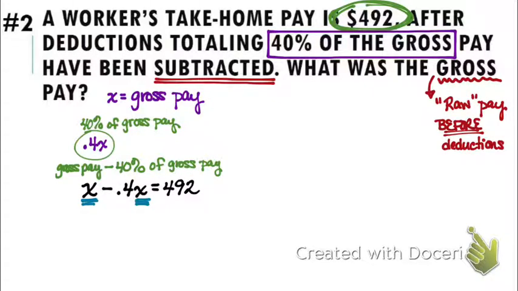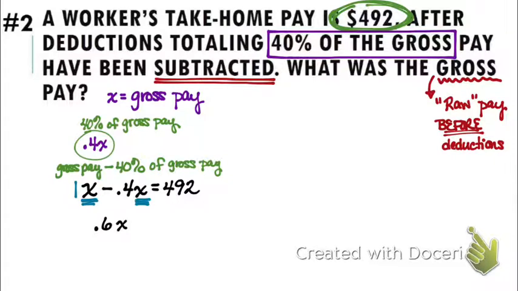X and 0.4x. Are those two things like terms? Yes. Same variable with the same exponent. Those are like terms, so I can combine them. I can subtract their coefficients. What's the coefficient in front of the first x? A 1. So I have 1x minus 0.4x, and I get 0.6x.